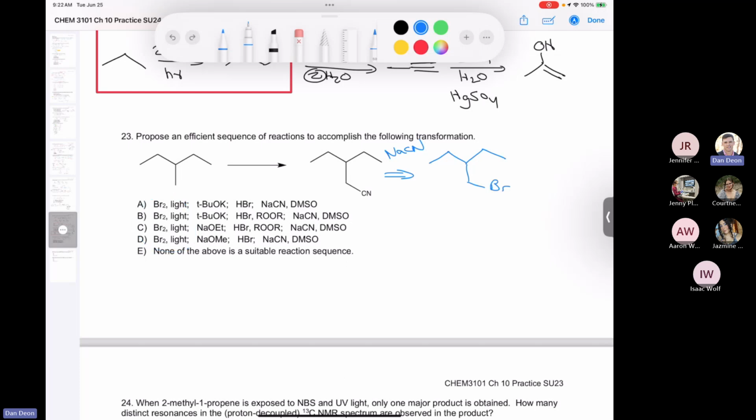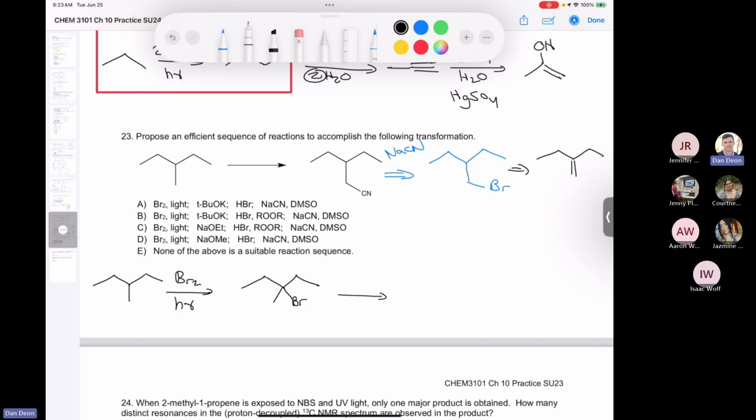Great, thanks. So let's start out by drawing the compound and saying, well, if I have this and I treat it with bromine and light, I'm going to end up putting a bromine in this position. Now, in order to make this compound, I want to make the Hoffman alkene, because then I can just do an anti-Markovnikov addition of HBr across the double bond.